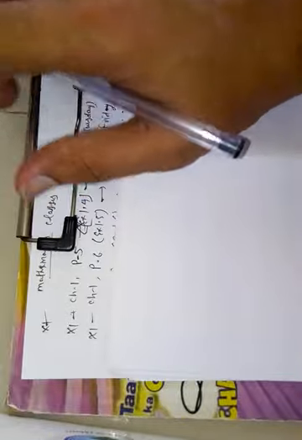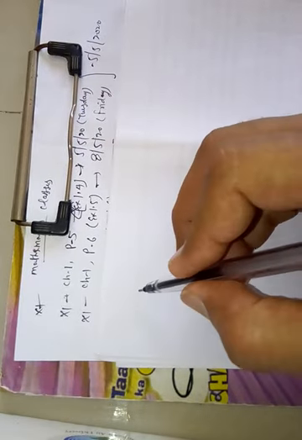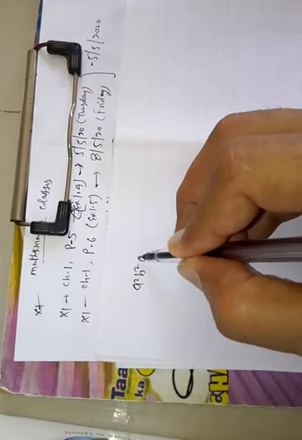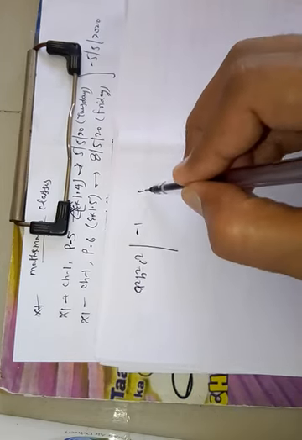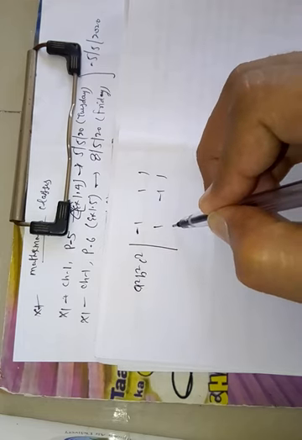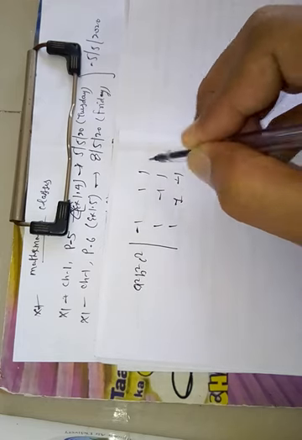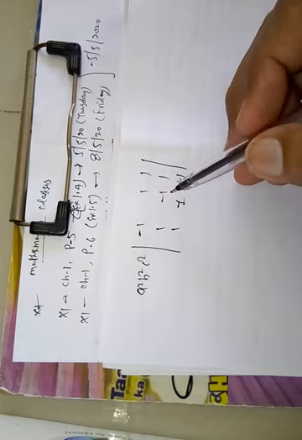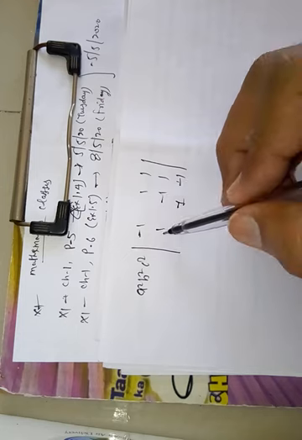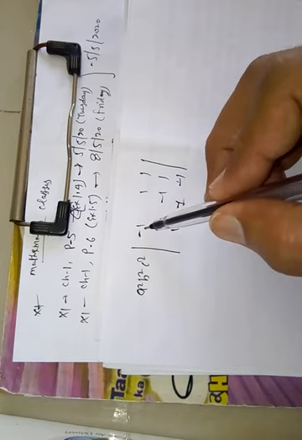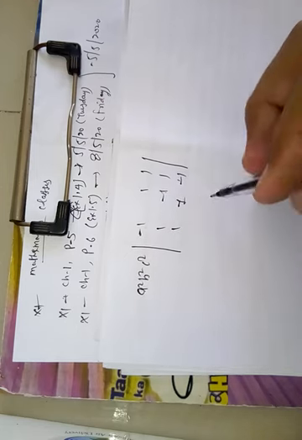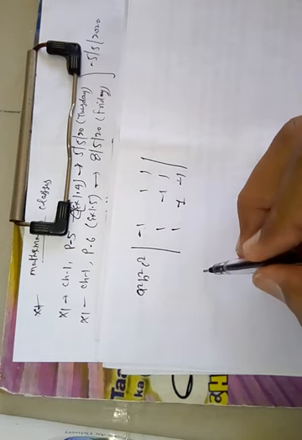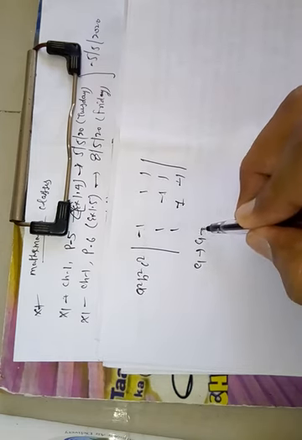Again, this is a square b square c square times the determinant. Add the columns: C1 becomes C1 plus C2.